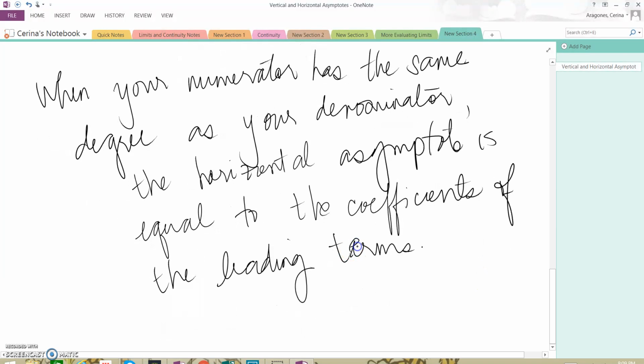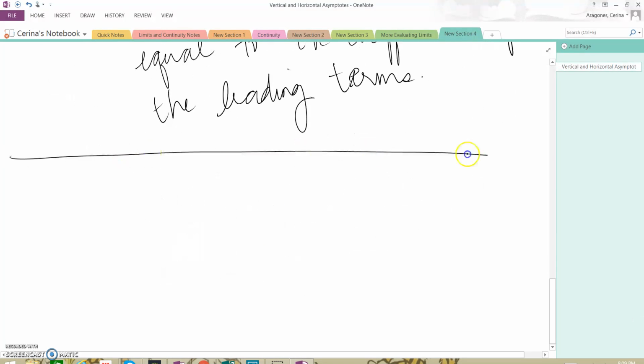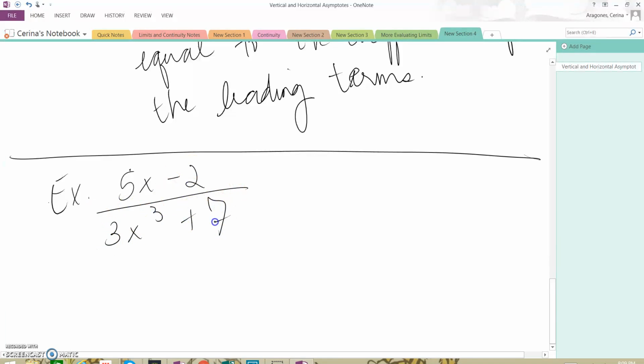We want to know what happens with, let's say, if our denominator has a higher degree. So let's say we have something like 5x minus 2 all over 3x cubed plus 7. Okay?